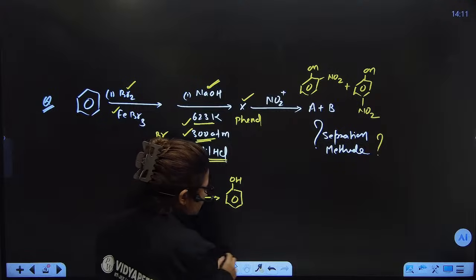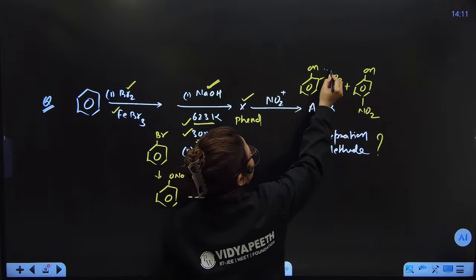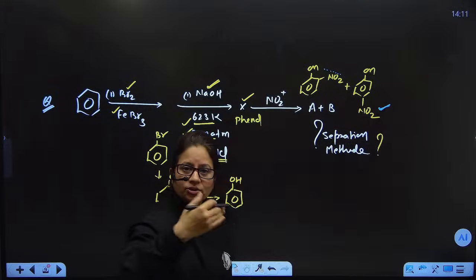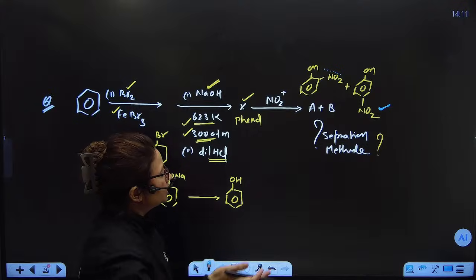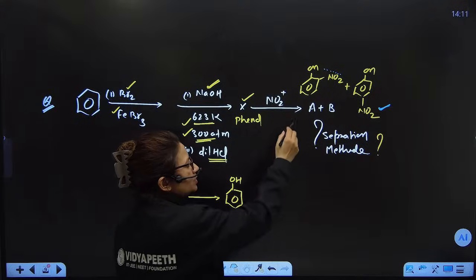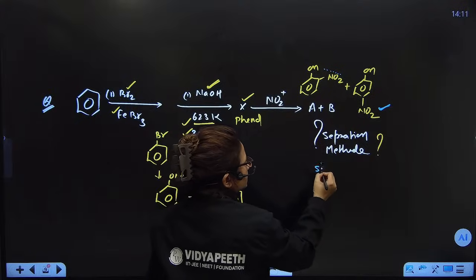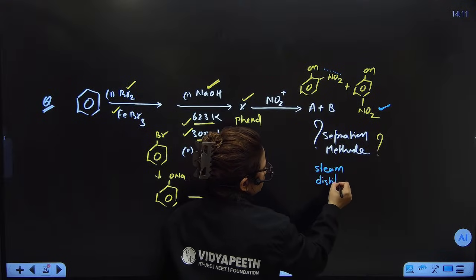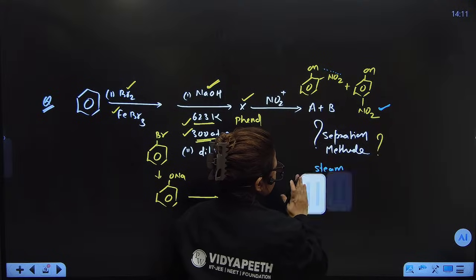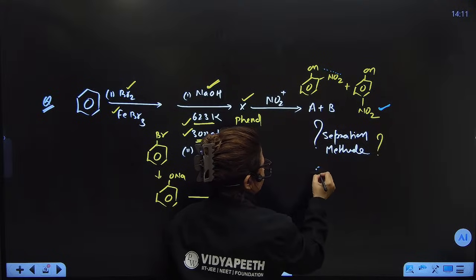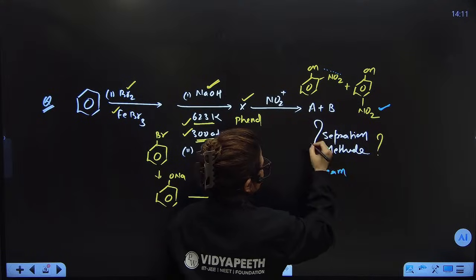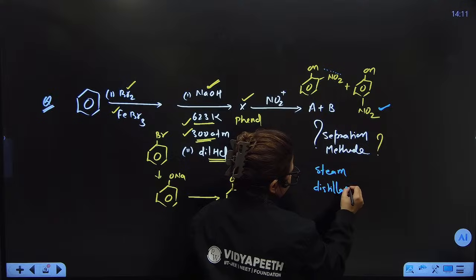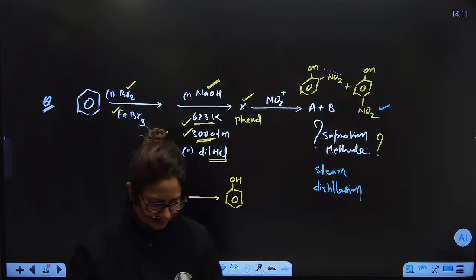We must know that orthonitrophenol has intramolecular hydrogen bonding whereas paranitrophenol has intermolecular hydrogen bonding. Intermolecular hydrogen bonding increases the boiling point whereas intramolecular decreases it. So the best method to separate these components is steam distillation. Correct?